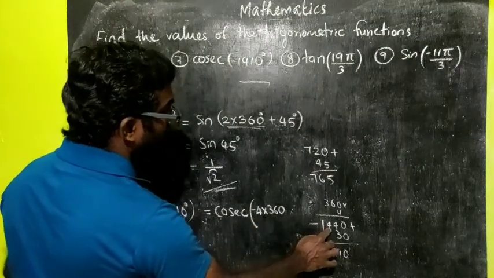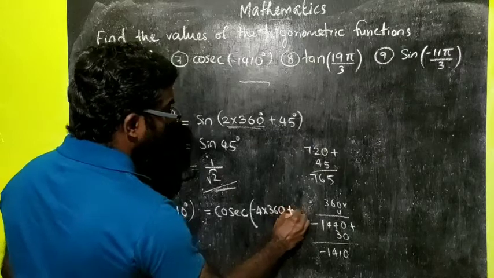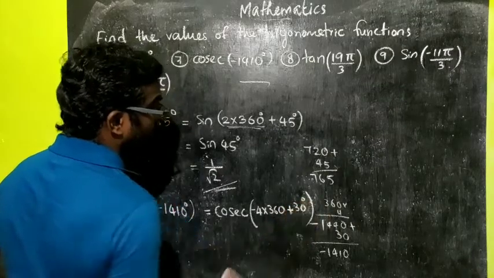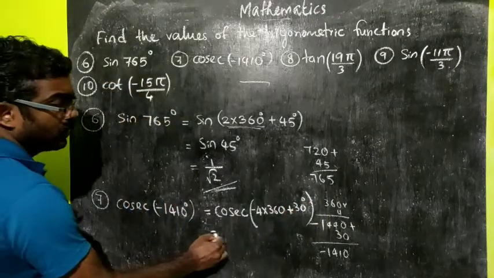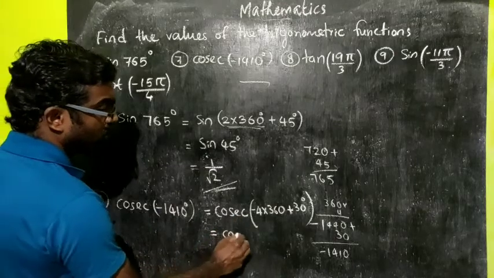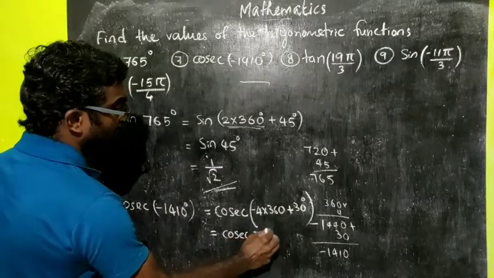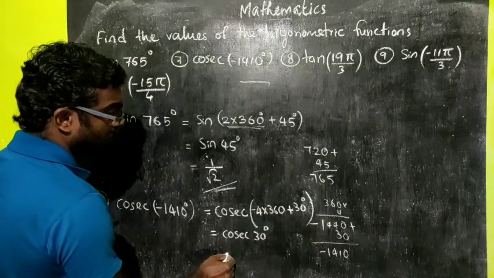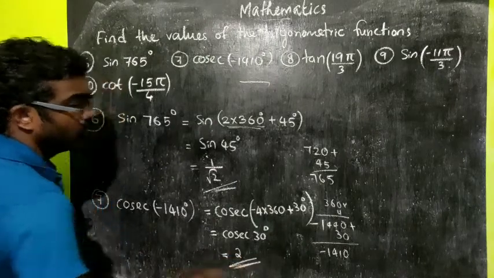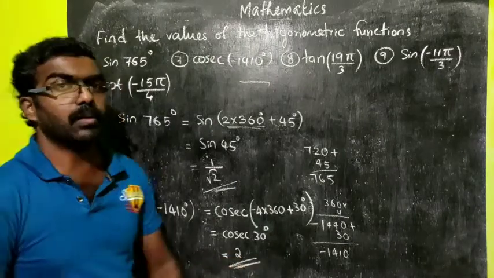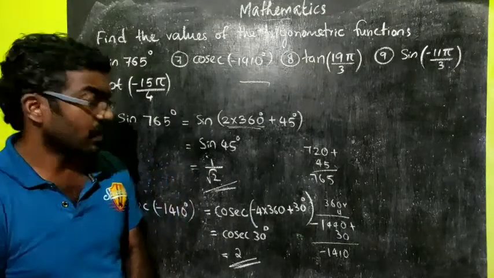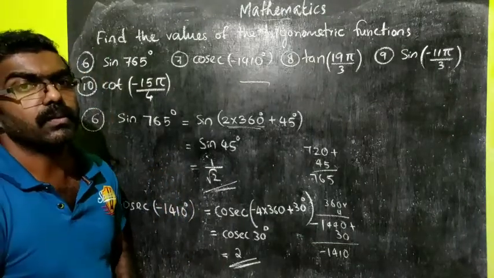Minus 1440. Then plus the balance is 30 degree. So this can be written as cosec 30 degree, and the value of cosec 30 is what? Sin 30 is 1 by 2, so cosec is the reciprocal of sin, so that will be equal to 2. Clear?